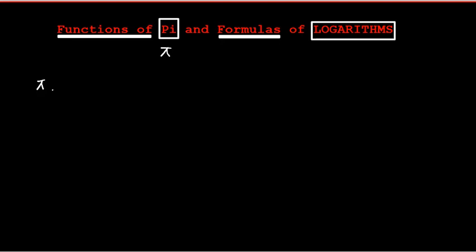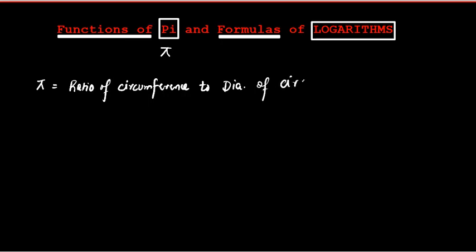Pi is actually a ratio of circumference to the diameter of circle. Okay, so you can define it as a ratio of circumference to the diameter of any circle.